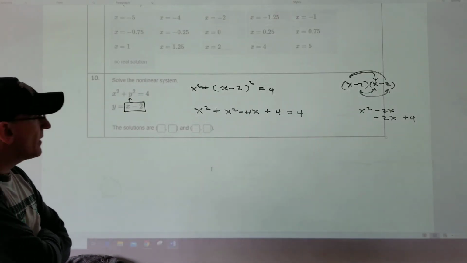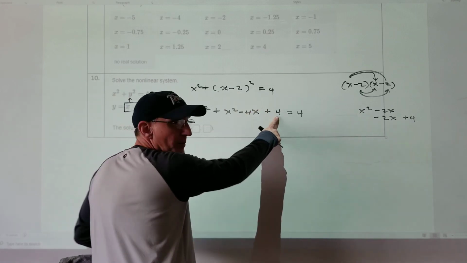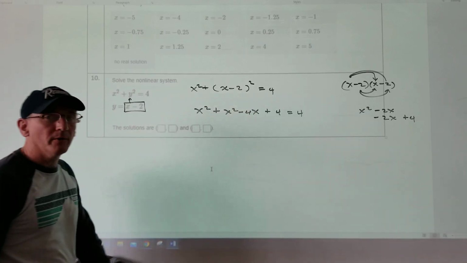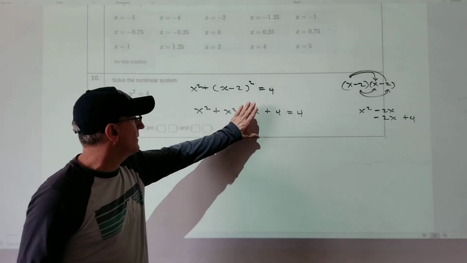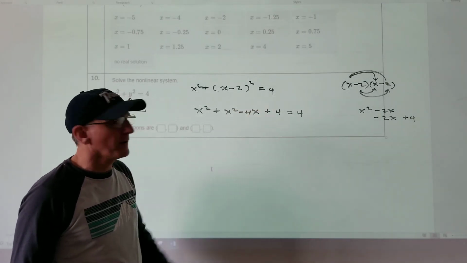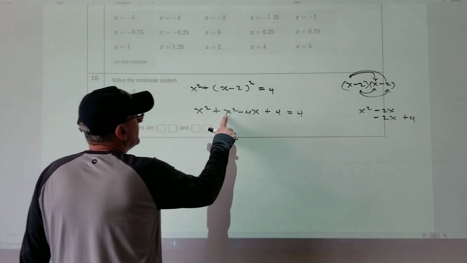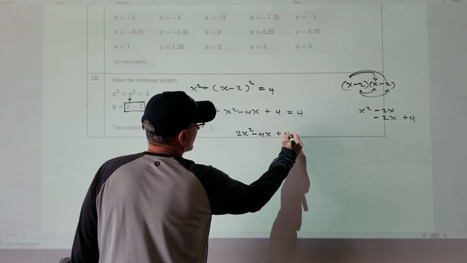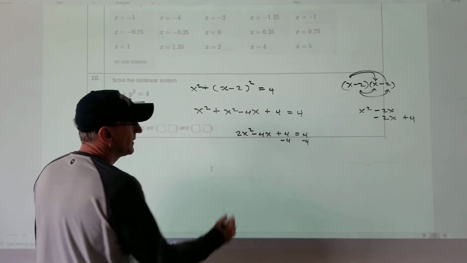The fast way to do this, square the x, square the 2, make sure it's positive, multiply these two together and double the answer. That's the fast way to do it. But if you do the shortcut, don't forget the middle term, because it often gets neglected and it's just not fair. Add these two together, subtract 4 from both sides, and you get this.